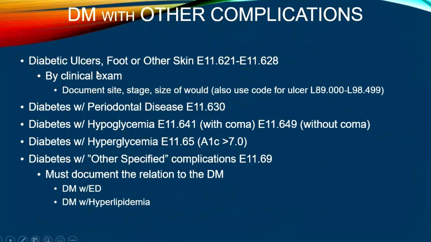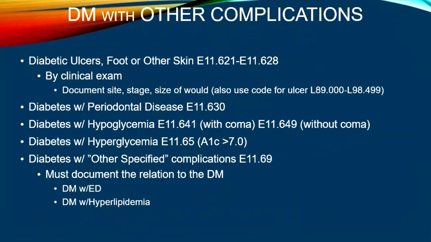Diabetes with other complications. Do not forget your diabetic ulcers of the foot and skin. And they clearly are done by clinical exam. The main thing is to make sure you document the site, the stage, and the size of the wound.